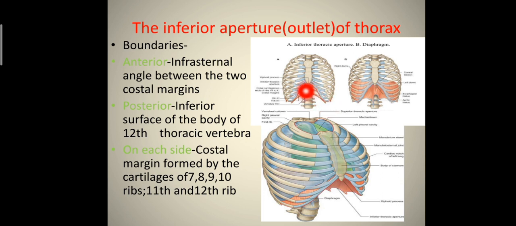Posteriorly is the inferior surface of the body of the 12th thoracic vertebra, and on both sides is the costal margin, which is formed by the 7th, 8th, 9th and 10th costal cartilages, and the 11th and 12th ribs.